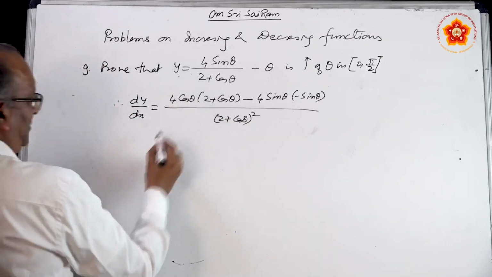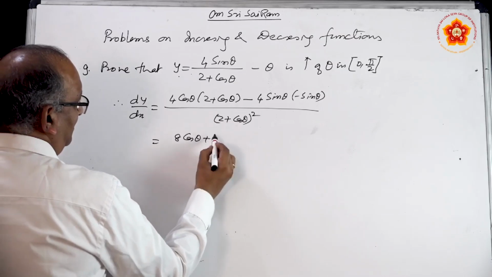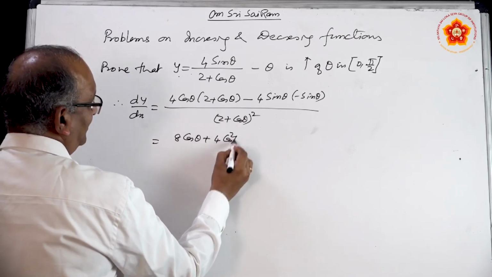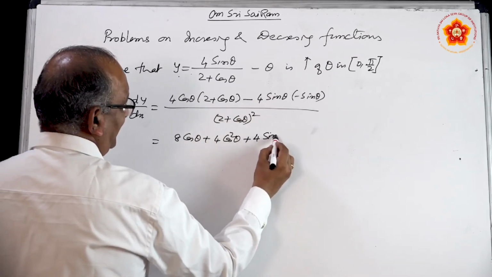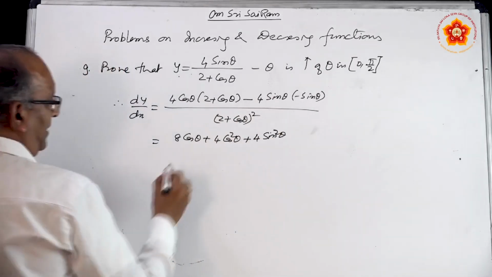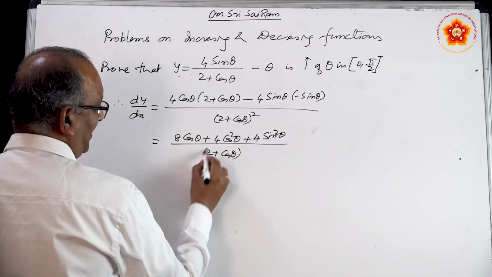Let us simplify numerator further. So, 8 cos theta plus 4 cos square theta, minus into minus makes it plus 4 sin square theta, upon 2 plus cos theta whole square.